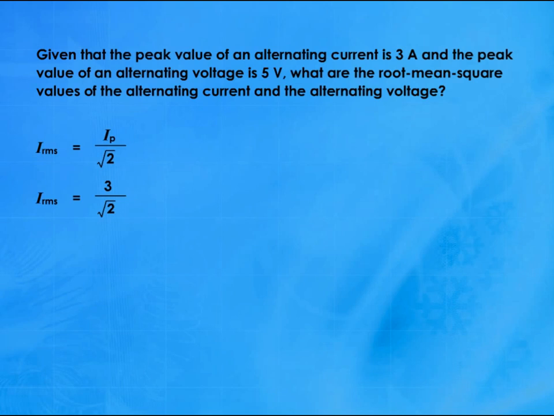Therefore, the root-mean square value of the alternating current is 2.12 amperes. The root-mean square voltage is equal to the peak voltage divided by square root 2. Thus, the value of the root-mean square voltage is 3.54 volts.